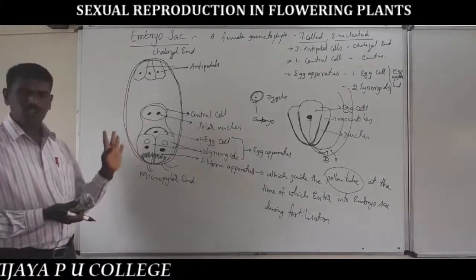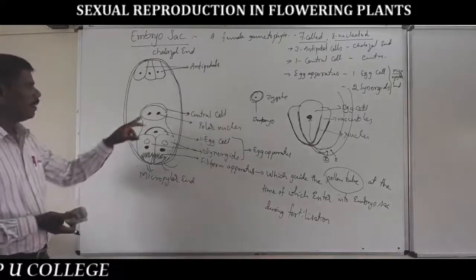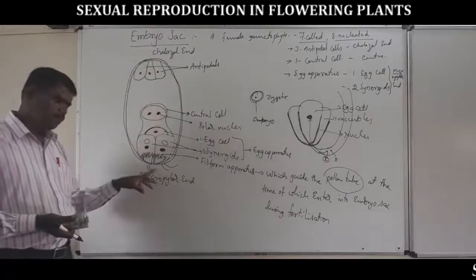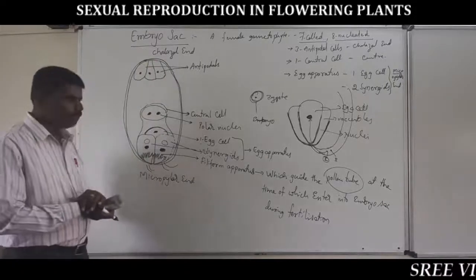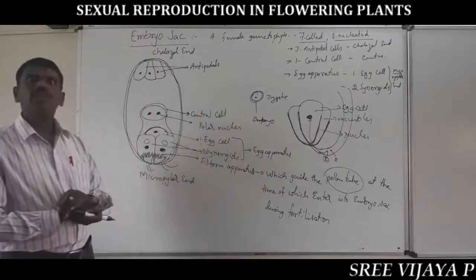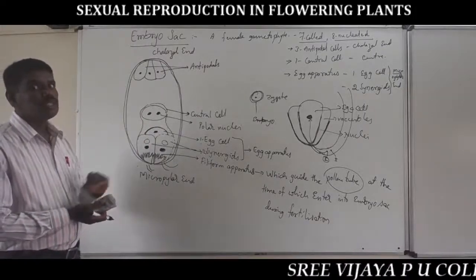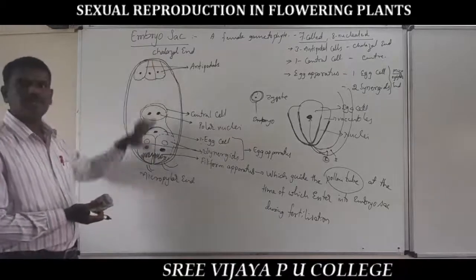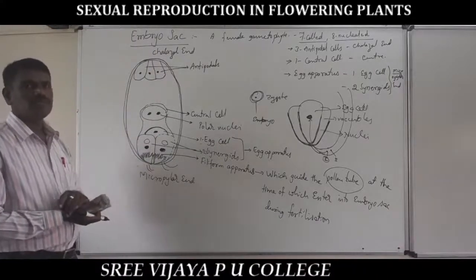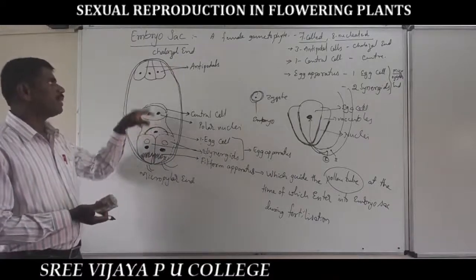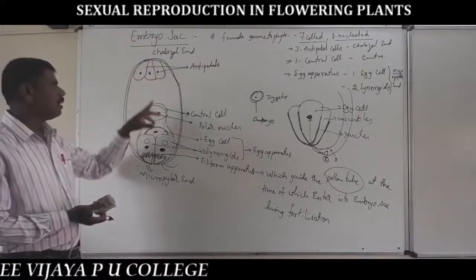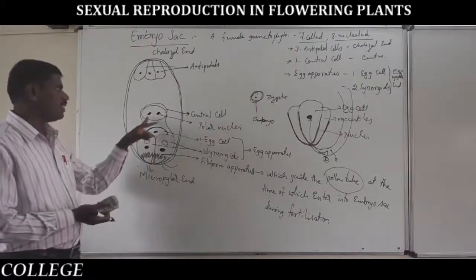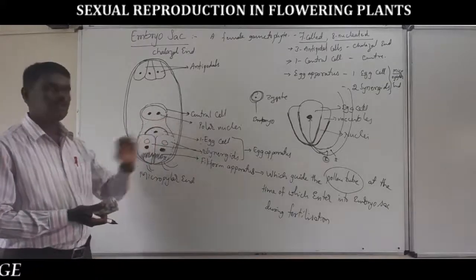At the time of formation of the embryo sac, one of the nuclei from the chalaza end and one of the nuclei from the micropylar end migrated from these two poles. One nucleus migrates from the chalaza, another migrates from the micropylar end, and so they are called polar nuclei.